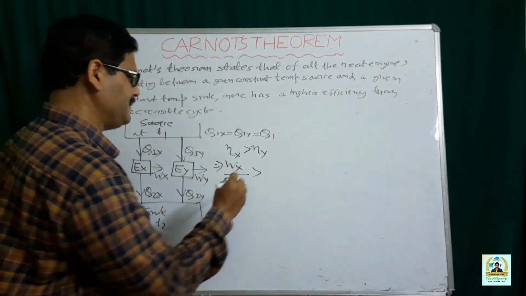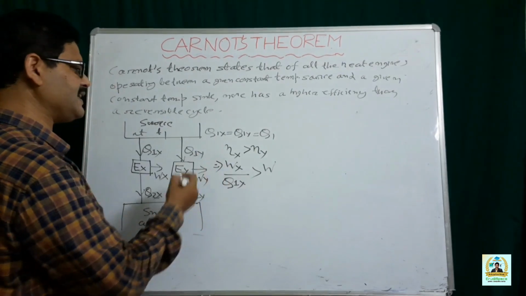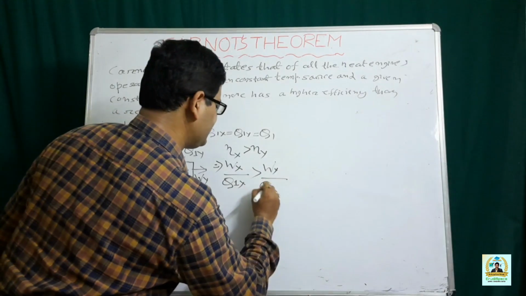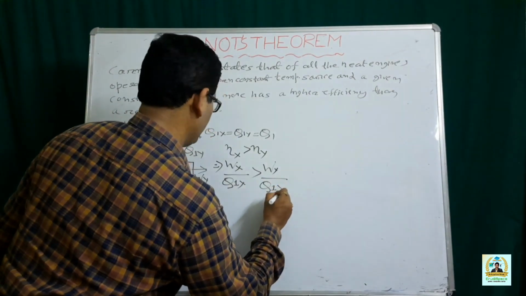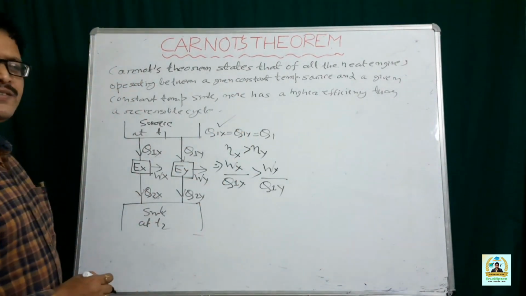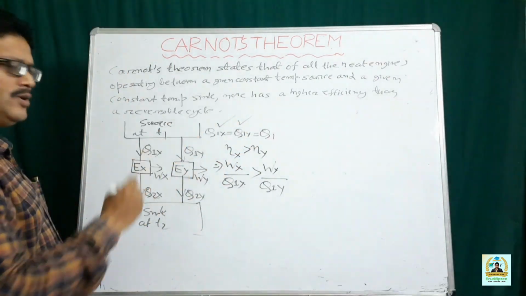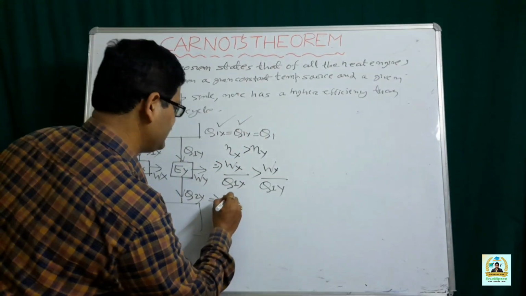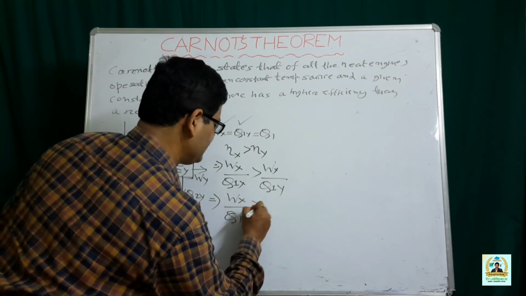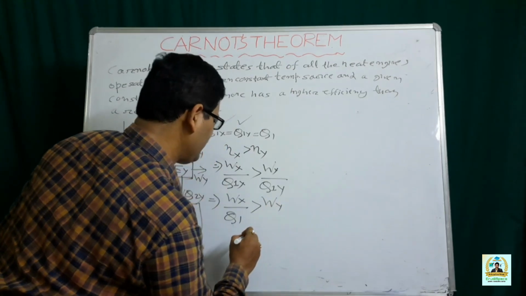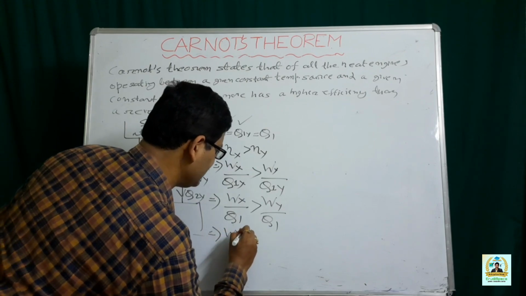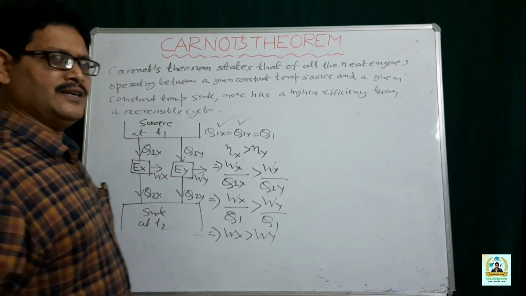That is greater than net work output in this case, Wy, and the heat supplied is Q1y. We have taken Q1x equal to Q1y equal to Q1. So this implies Wx divided by Q1 is greater than Wy by Q1. So this implies Wx is greater than Wy.